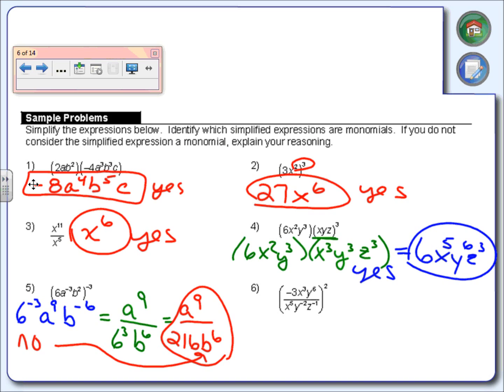Everything in the parentheses needs to be squared. Also remember, your answer should not contain any negative exponents.